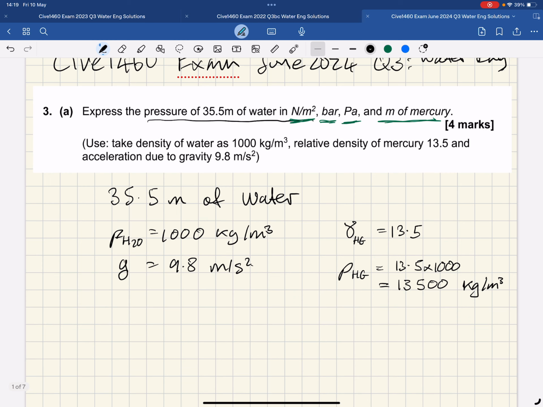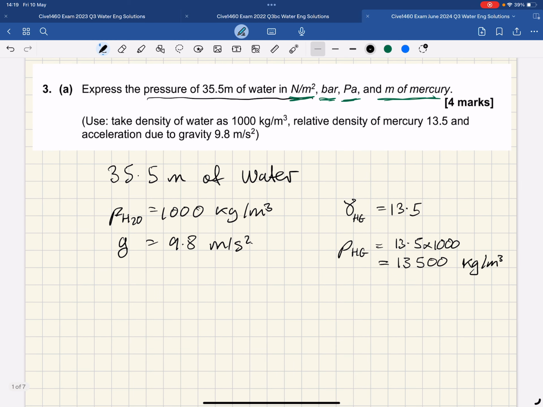No. So let's see. A, in newtons per meter squared. All we apply is our usual equation, P equals rho g h.